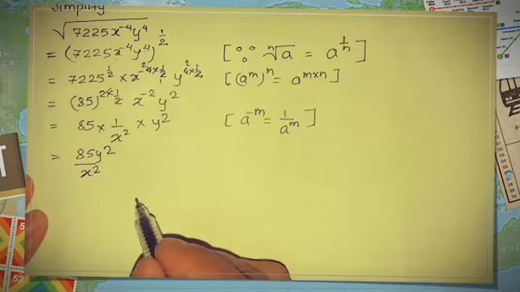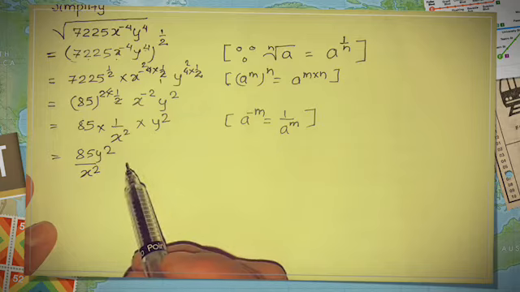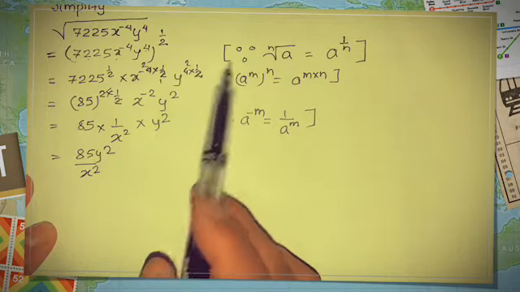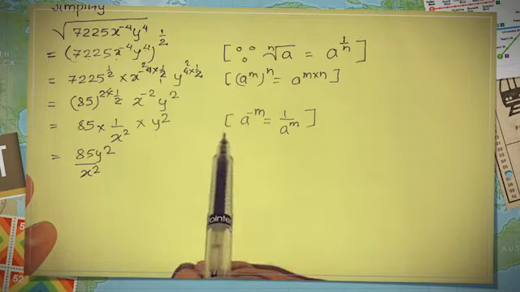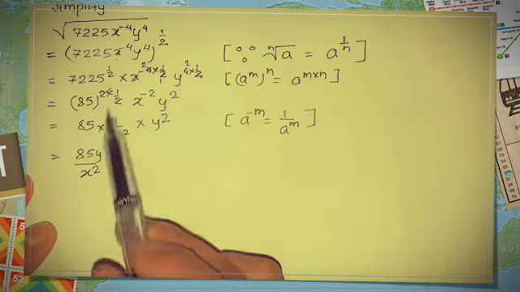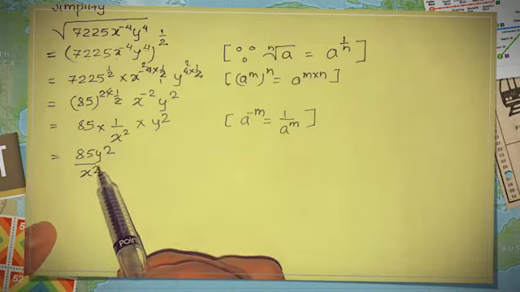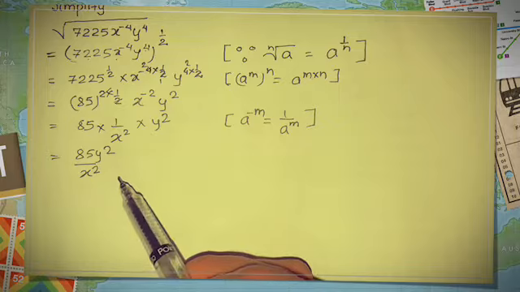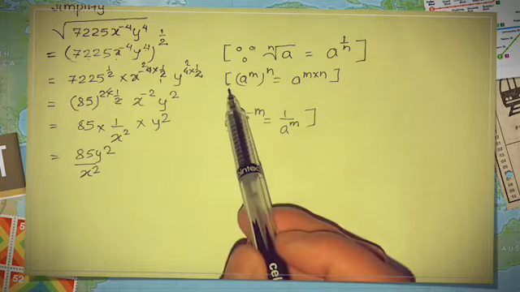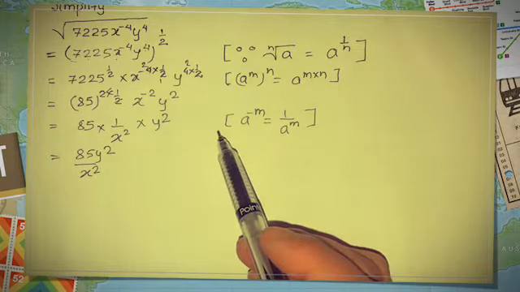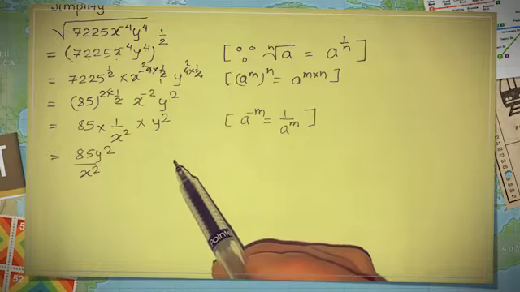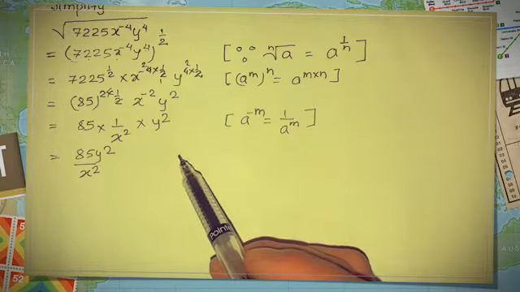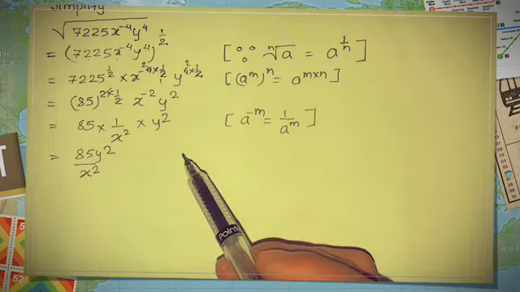Okay, this way, using these different laws, you have to solve and simplify it. So you can see how important these laws of indices are for solving this. So I again suggest you master those laws of indices.